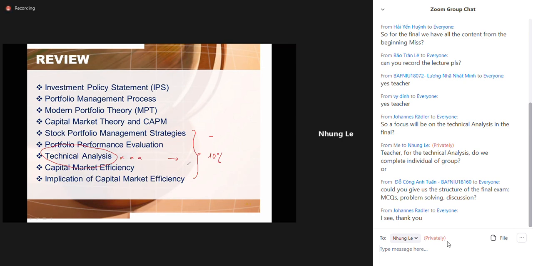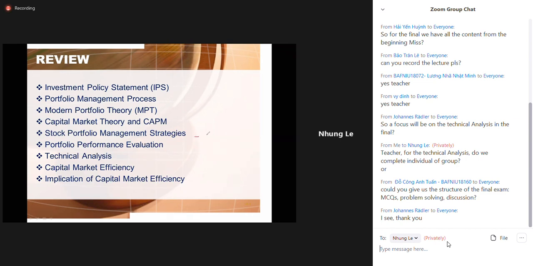That's the structure of the final exam. Sorry, I don't know why, but the slide for the final exam disappeared. So now I will write it down.